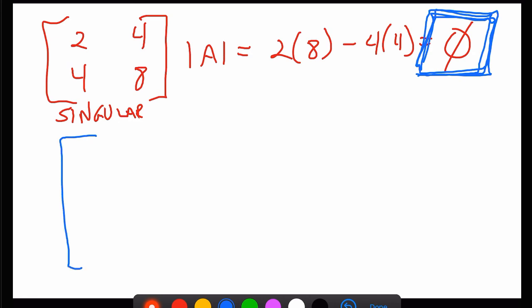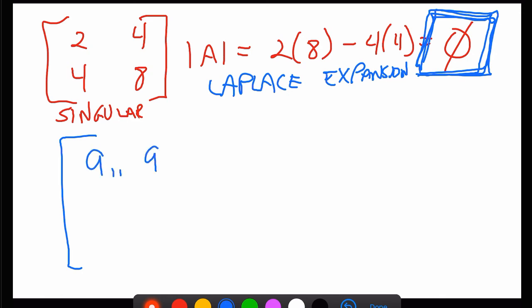Now, we need to get complicated. The way we solve this is something called a Laplace expansion. Laplace is the guy's name who invented all of this. So let's suppose we have a 3 by 3.